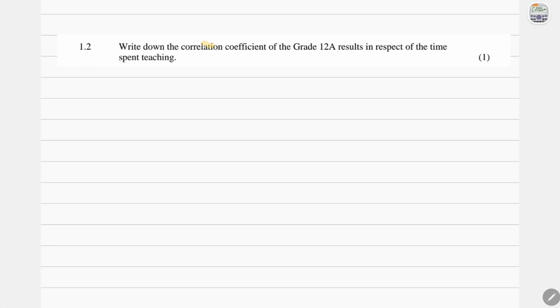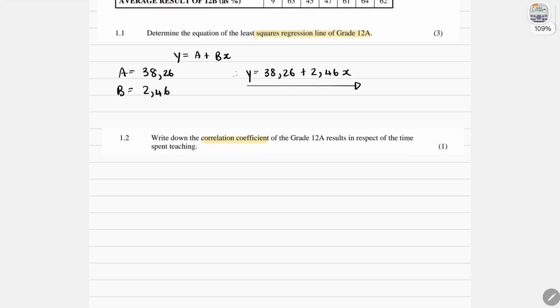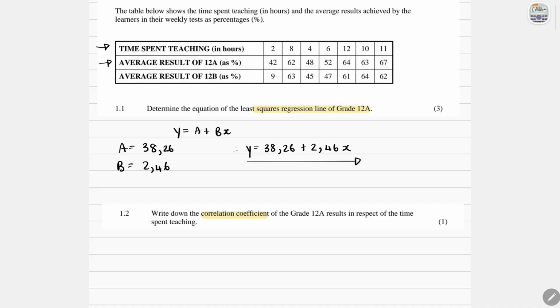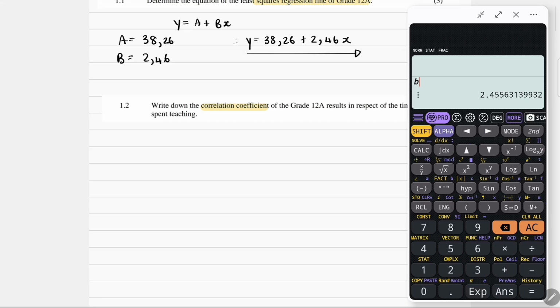Then question 1.2 says, write down the correlation coefficient of the grade 12A results in respect of the time spent teaching. Okay, so we just need that correlation coefficient. We already have the data recorded in terms of x and y. The time is the x values.